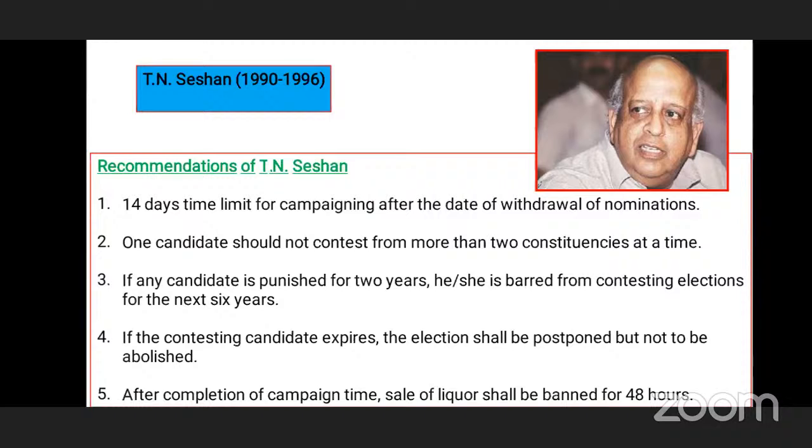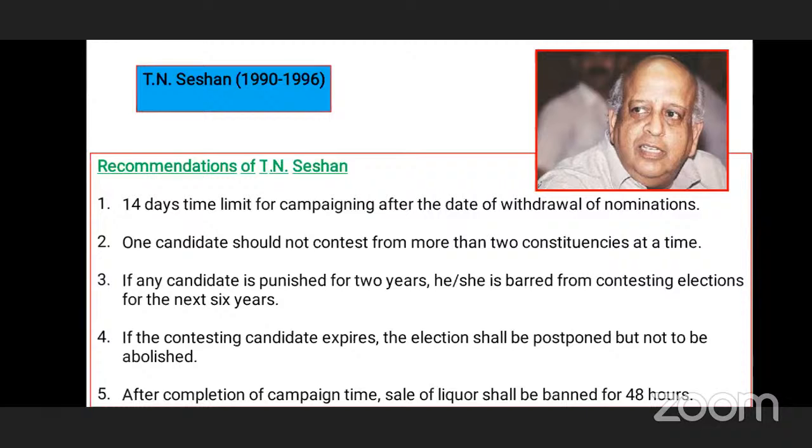He contested the election in 2009. He won only one constituency, and in the other he was defeated. So any candidate can contest only one or 2 constituencies in the election, not more than 2.